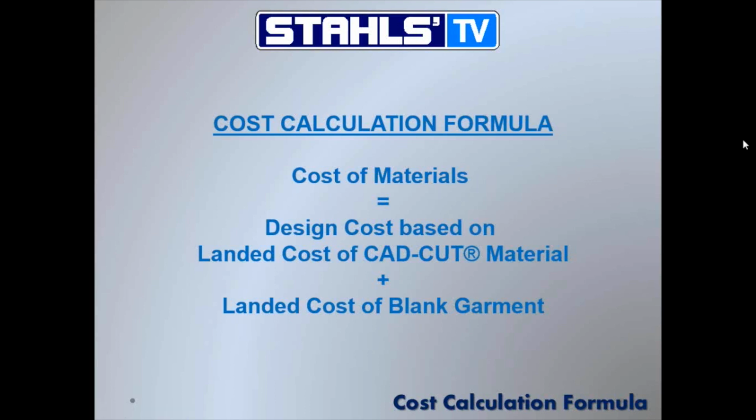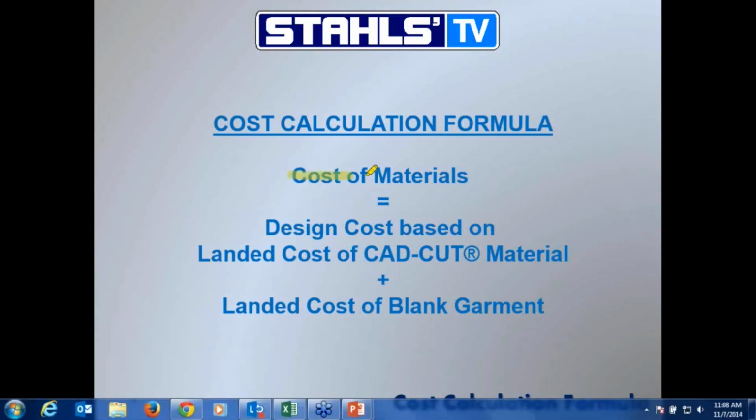Okay, so cost of materials. This is what we're trying to calculate. Basically, the 2 key components that go into cost of material is your design cost, which is basically in the CAD-CUT process, we are cutting things out of a roll of heat transfer film, we're weeding away the excess, and every square inch of material that was utilized in that job, whether it went in the garbage, in the scrap drawer, or onto the garment, impacts design cost.